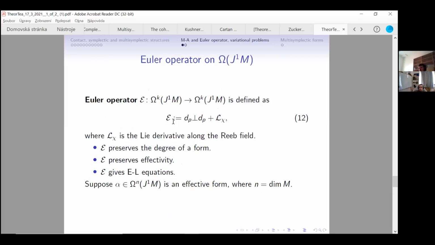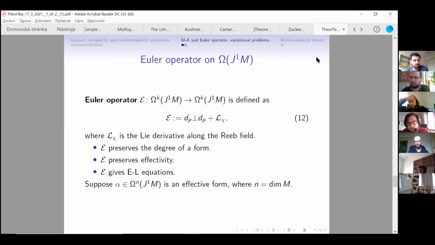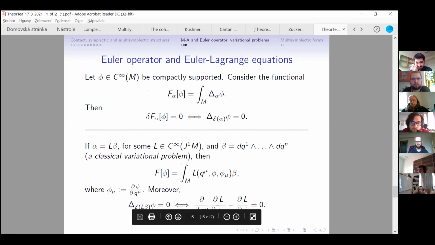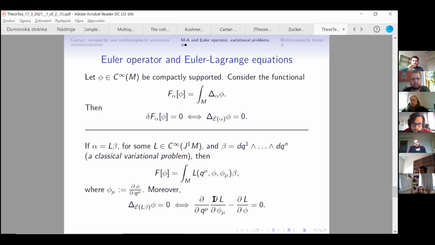What I want to say is we can have multiple Euler operators, in a sense one for each field we want to consider, and then we really get, in local coordinates, the classical Euler-Lagrange equations, for each field. But there are these problems with non-degeneracy, and it's not obvious whether it can be used somehow nicely or not.